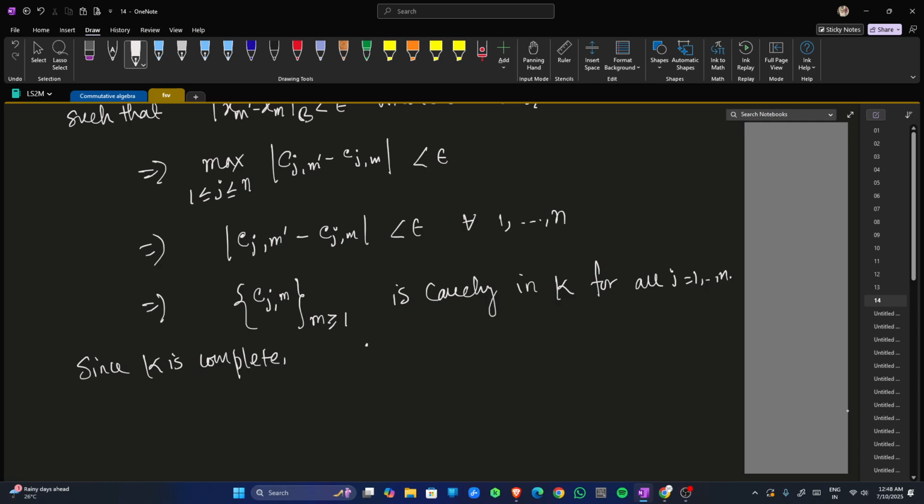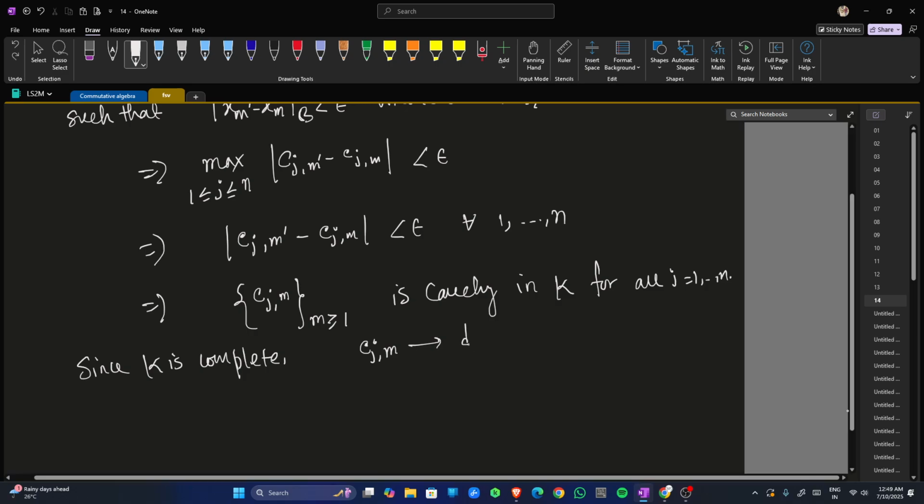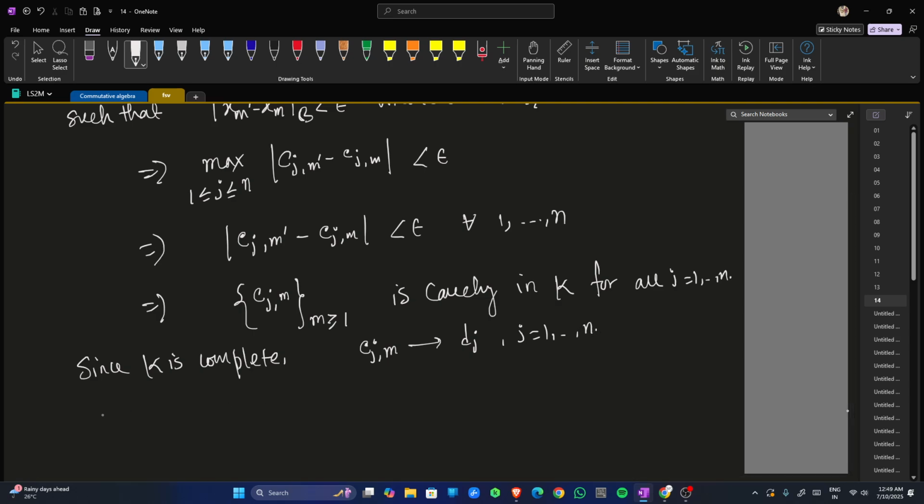K is complete, so cjm converges to dj, j equal to 1 to n. Claim: x equals d1 v1 plus dots plus dn vn.